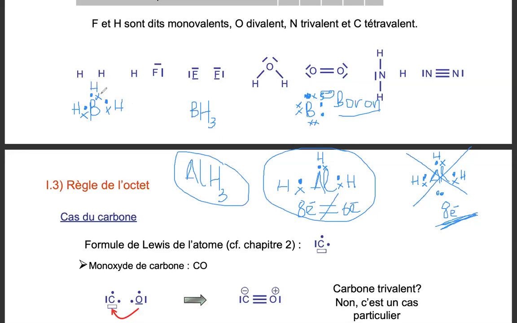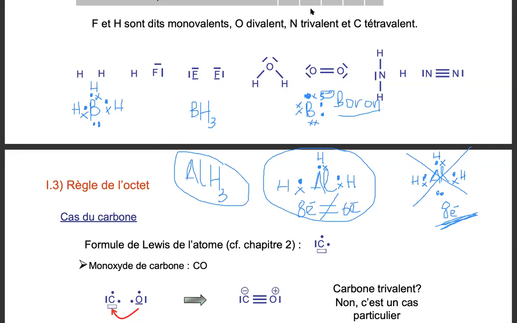So now the same principle: if the boron atom has 2 electrons that are not involved in any type of bonding, it is found that this atom will be very, very unstable.